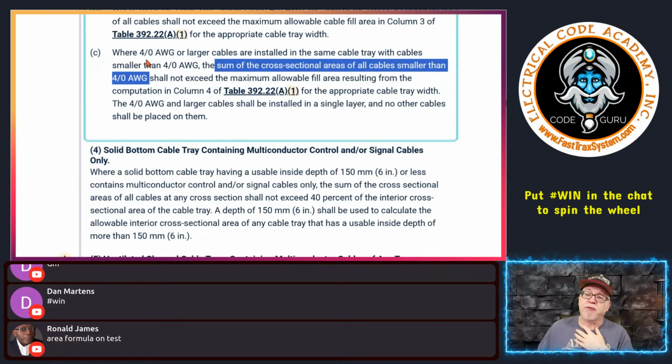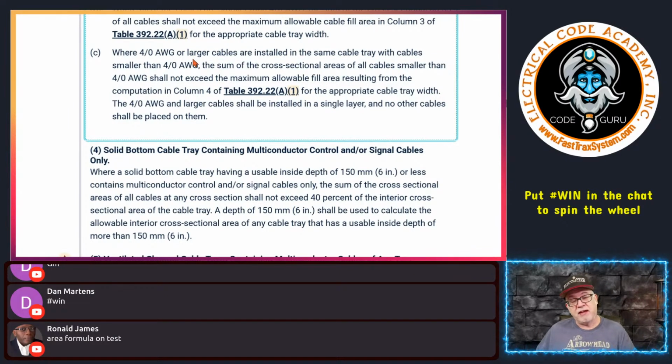But when it comes to the 4/0 and larger, you're literally going to take the diameter of it. And that's exactly what we've been doing for the other trays when we had a mixing of conductors, for example, that are under 1,000 kcmil, and for those that are 1,000 kcmil and more. And we did the same thing where we had conductors cables that were doing that. And here we're doing the same thing again. And in this case, we're doing a solid bottom tray.